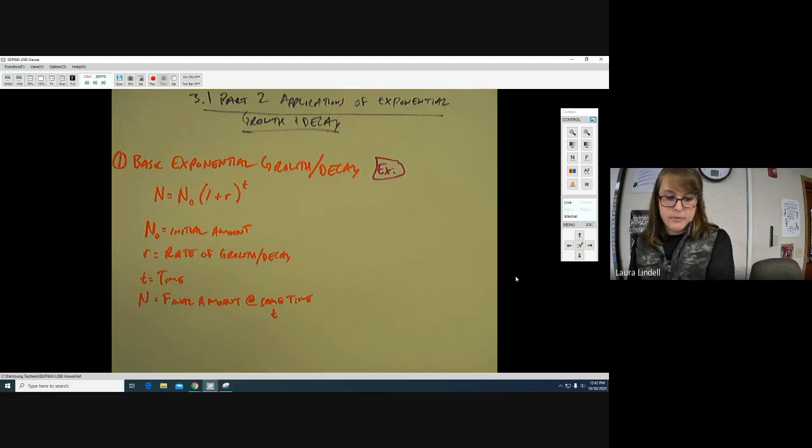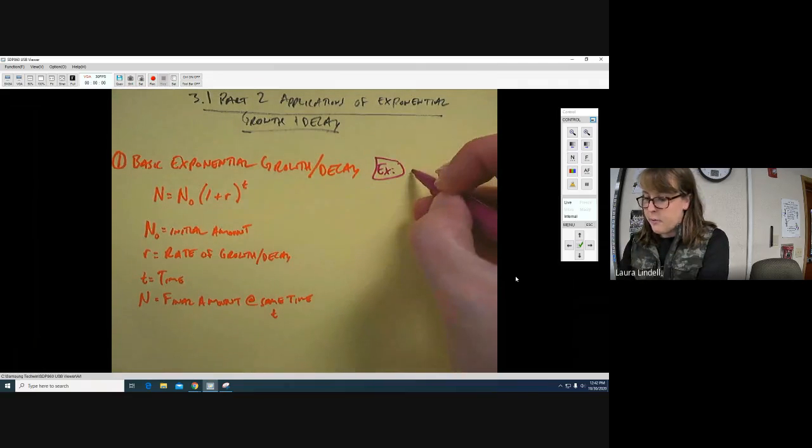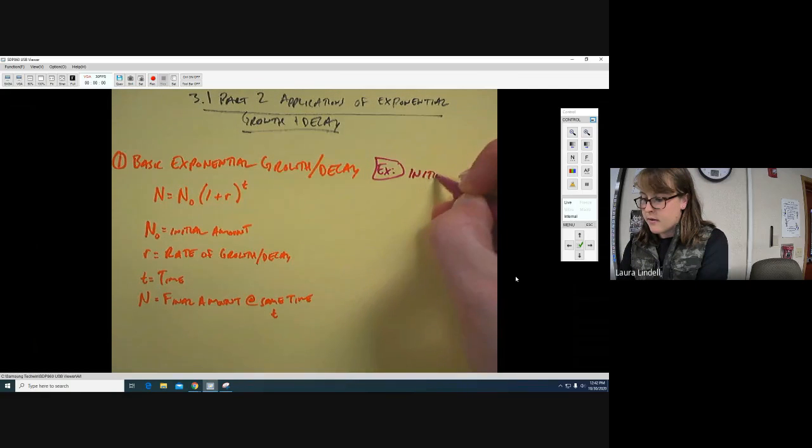So for our example, we're going to say there's an initial population of cells.